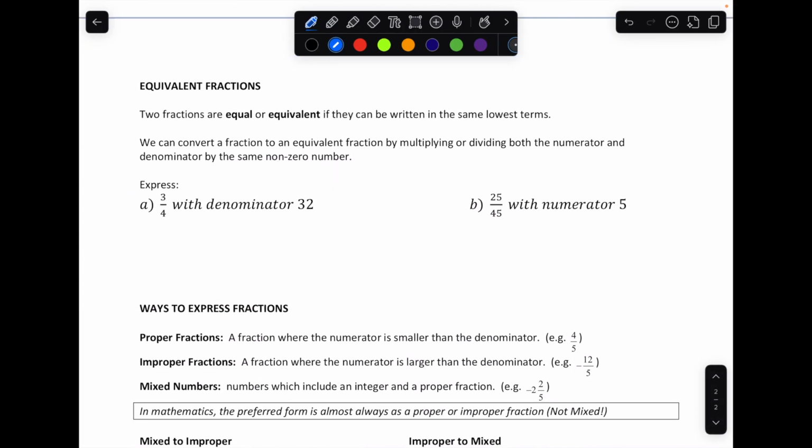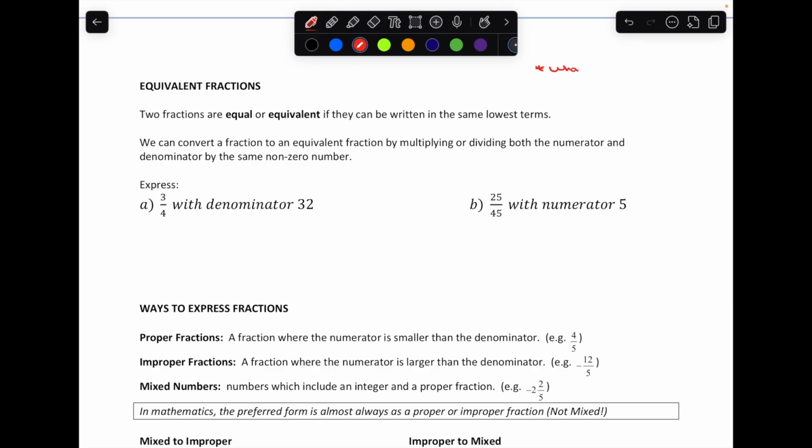When we look at equivalent fractions, two fractions are equal or equivalent if they can be written in the same lowest terms. We can convert a fraction to an equivalent fraction by multiplying or dividing both the numerator and the denominator by the same non-zero number. So here, just a tip.